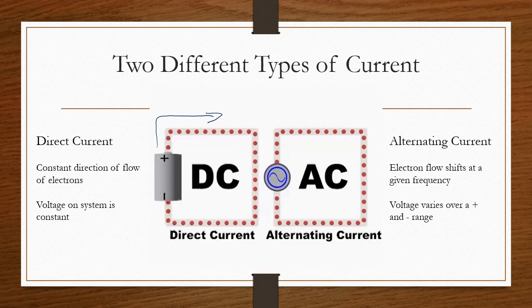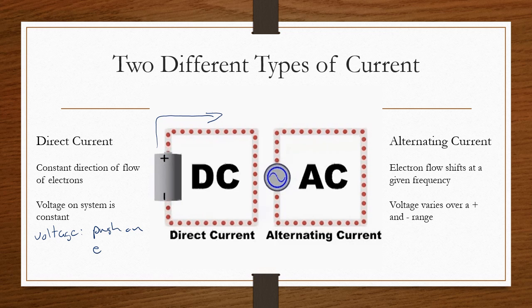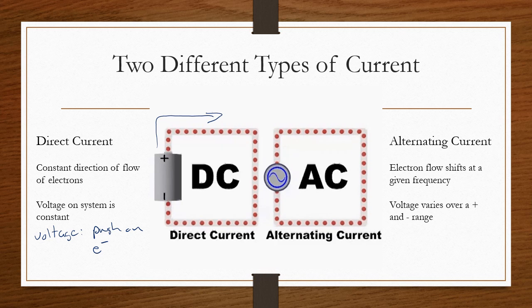Now, quick information here, voltage, and we'll get into this a little bit more later, is kind of like the push on electrons or charge in the circuit. And that comes about from difference in charge, right? We saw that with static electricity, Coulomb's law. The difference in charge is going to force electrons somewhere.